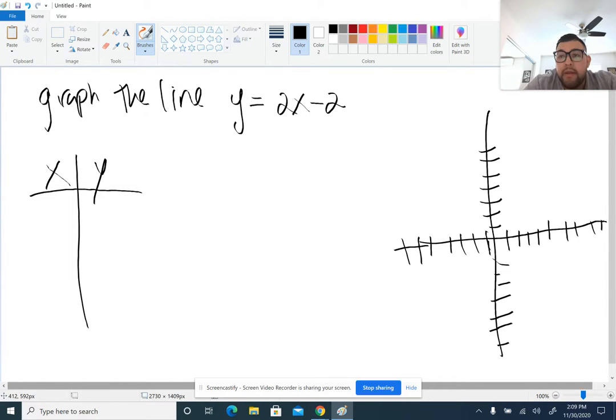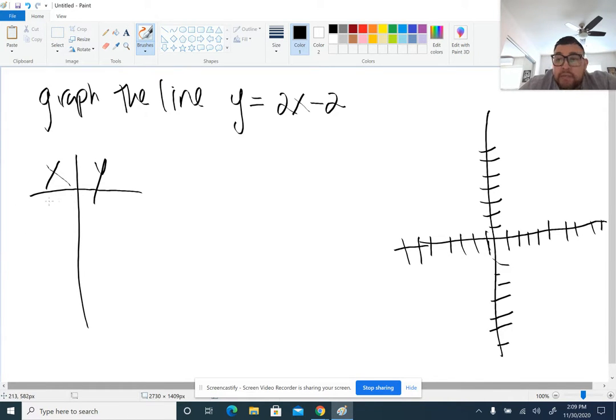So the next step would be to choose any x value that I want to substitute inside this equation. So you want to keep it simple. You don't want to choose numbers that are too big. You want to stay as small as possible. So usually 0 and 1 work the best, or 1 and 2.